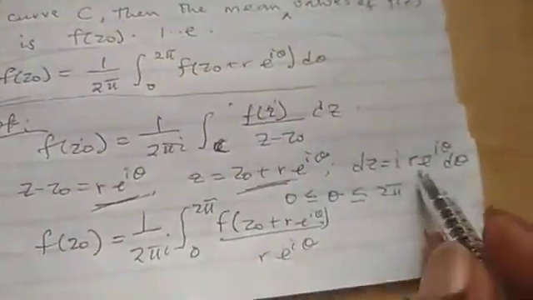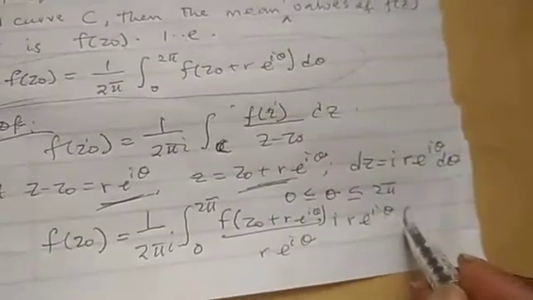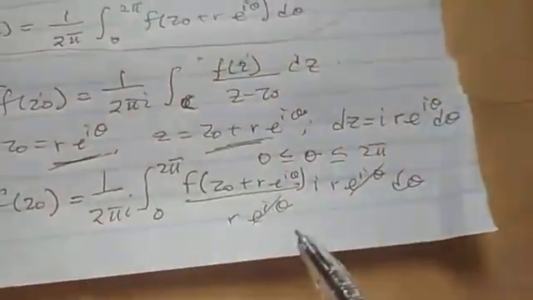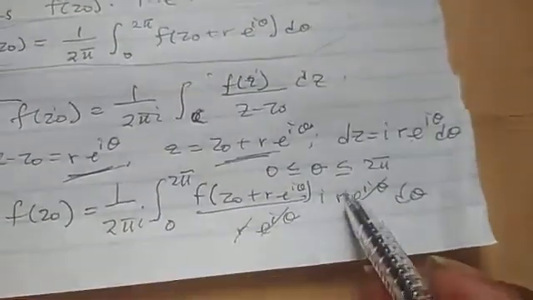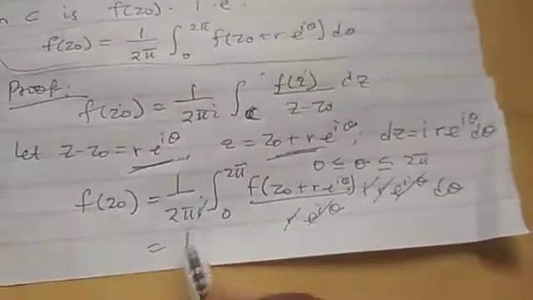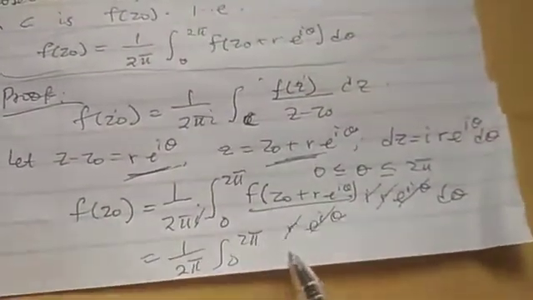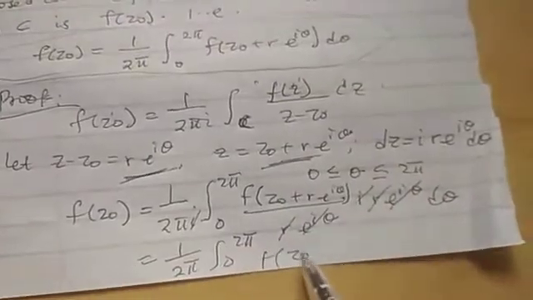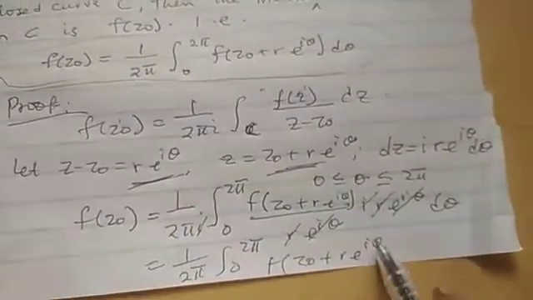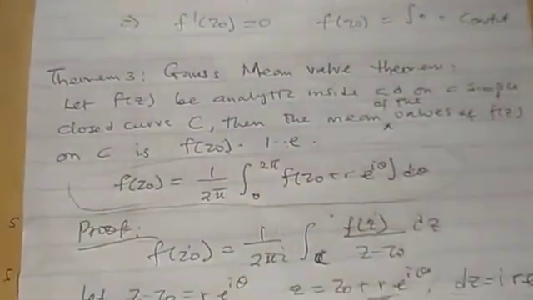Our dz is i r exponential i theta d theta. From this place, exponential i theta cancels, r cancels, i cancels here. What we are left with is 1 over 2 pi, integral from 0 to 2 pi of f of z naught plus r exponential i theta d theta. That simply completes the proof.